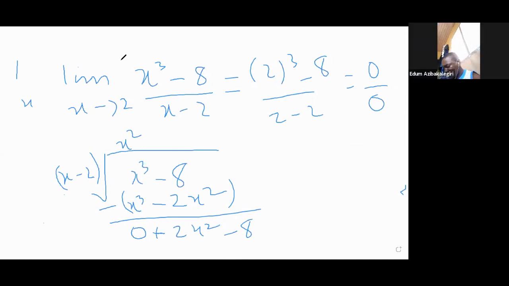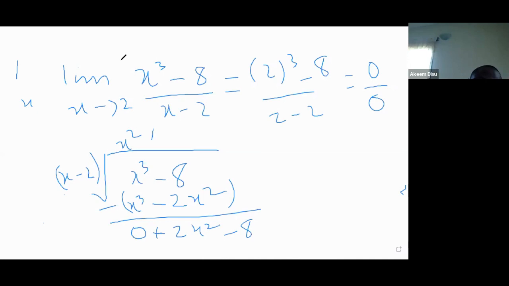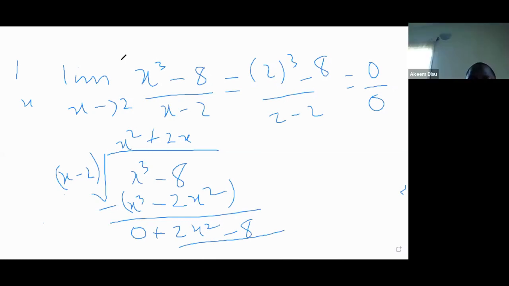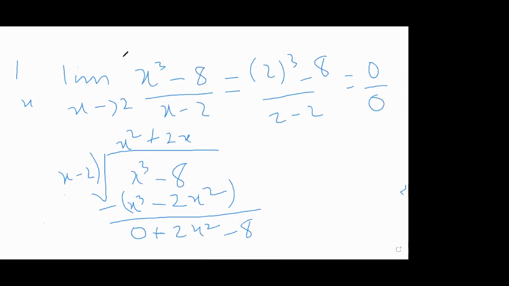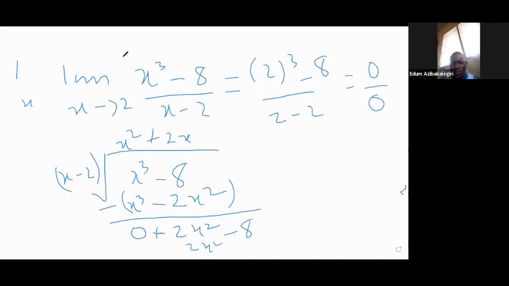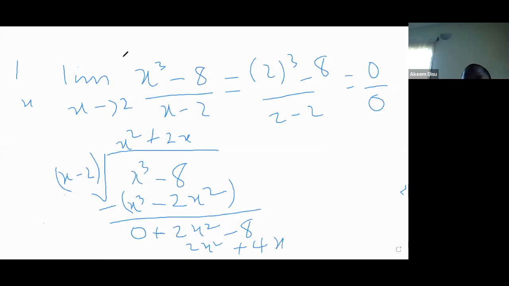Is that taken? What will we do? To have this, we are going to multiply by 2x. 2x times x will give us 2x squared. 2x times 2 will give us 4x.